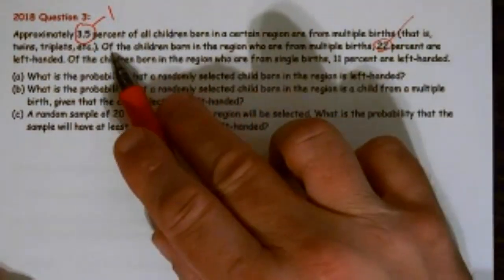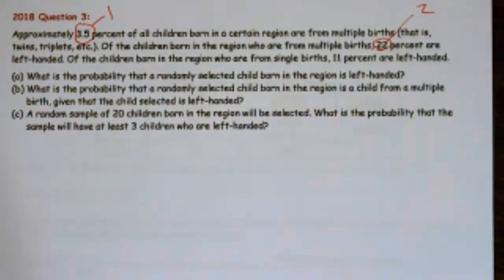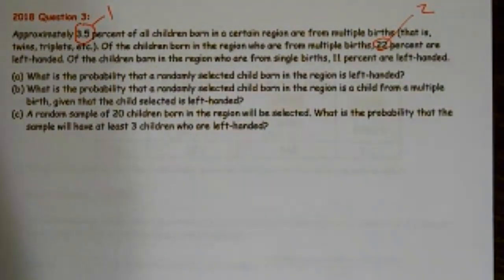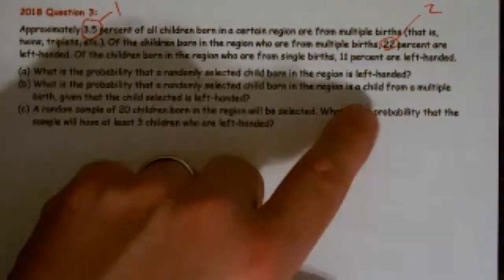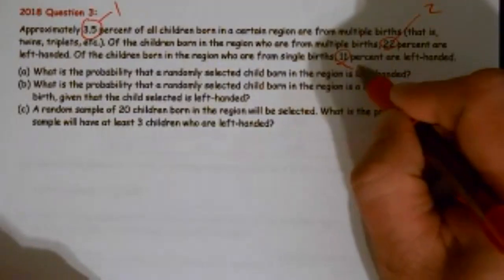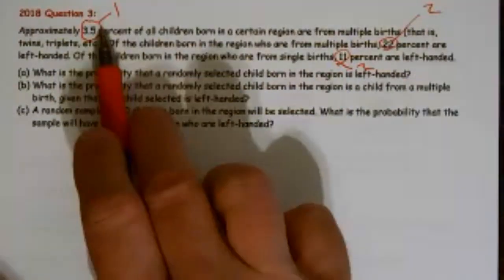That's conditioned because it says if from the group, given, those are conditional words. That means that's two variables. Of the children born in the region who are from single births, once again, it's conditioned, 11% are left-handed. That one is also conditioned, so it's also two variables. So our one variable is just 3.5%.